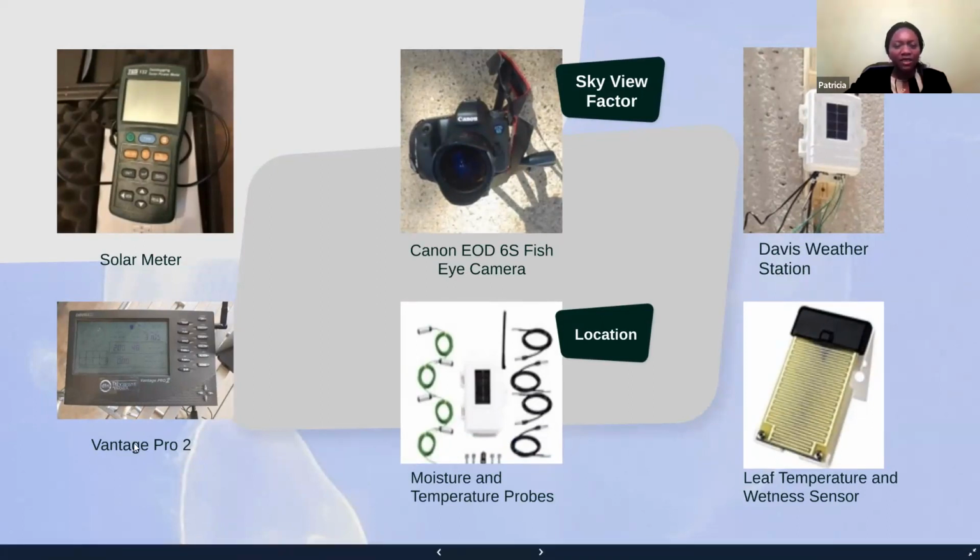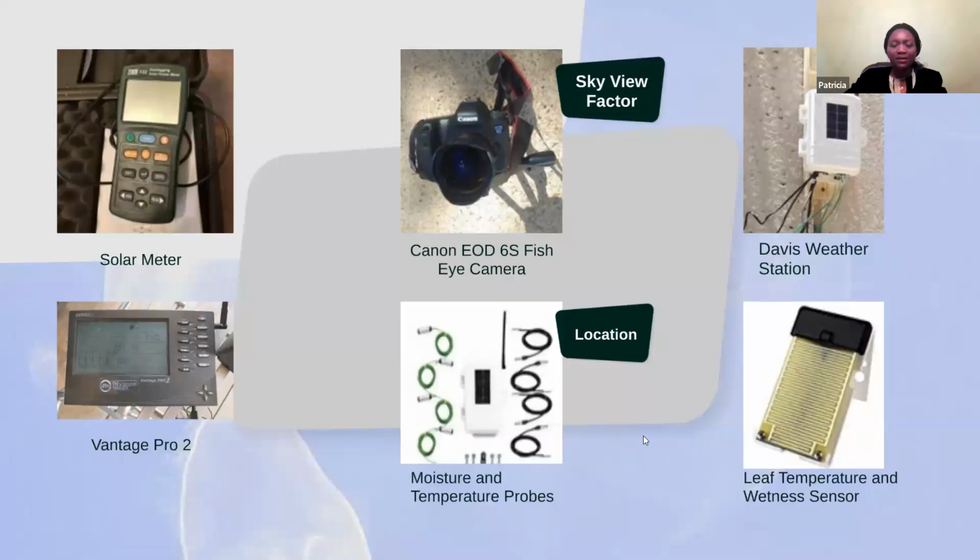Then we have this Vantage Pro that works with the weather station with a logger behind it, which takes the data off there. And then we have the moisture and temperature probes that are stuck in the soil of the plants, giving us the soil moisture and temperature. We also have the leaf temperature and wetness sensor, which gives you the readings for the leaf in those planters.